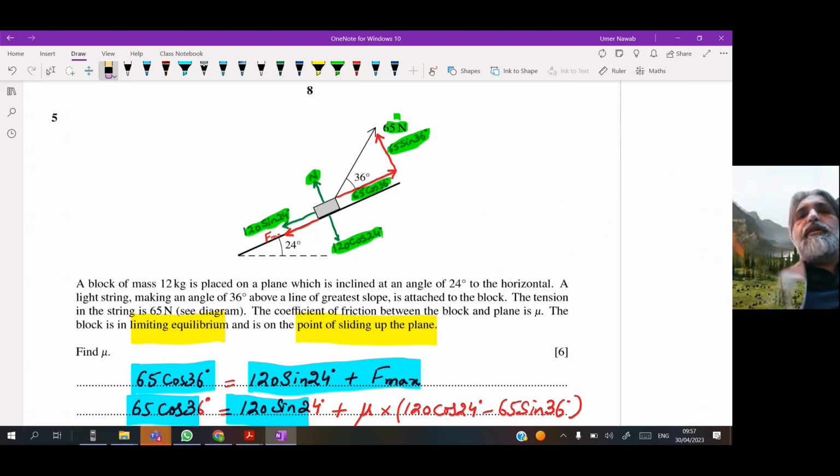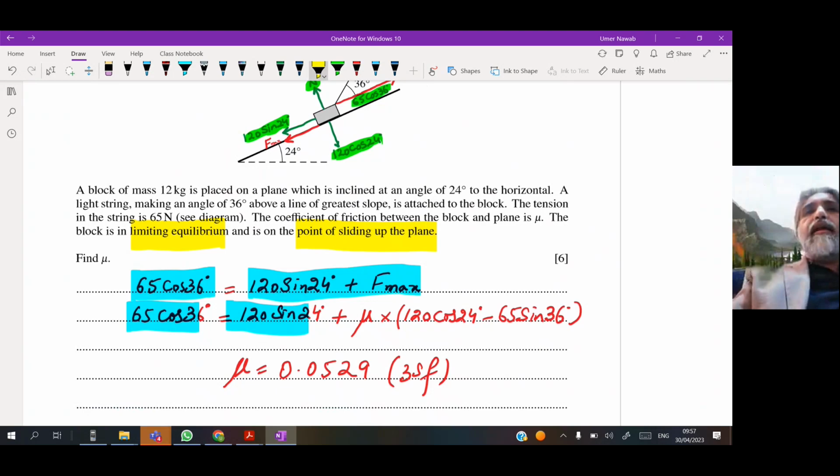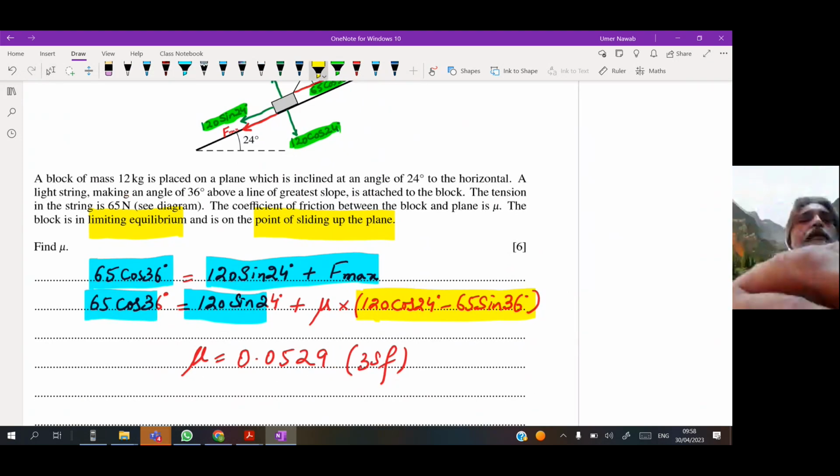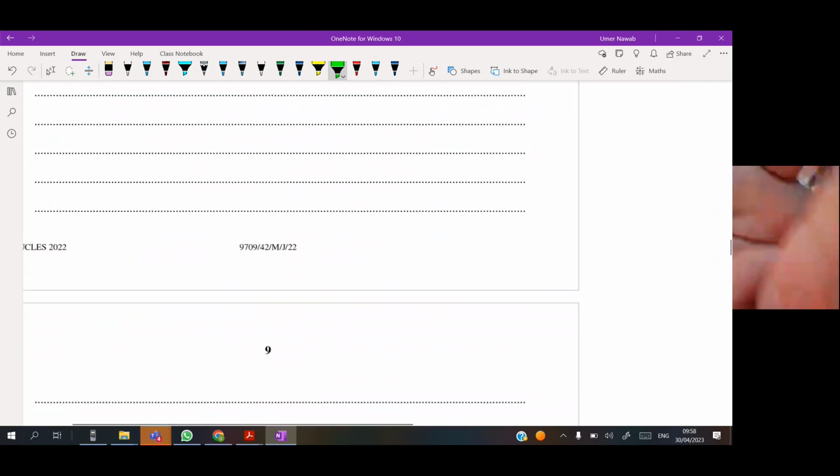I basically use this result over here for n. This is my n. Then I go to my equation solver and I got my answer. Mu is equal to 0.0529. You know how to do this by making this mu as x in the equation, and you get 0.0529 to 3 significant figures. Next question.